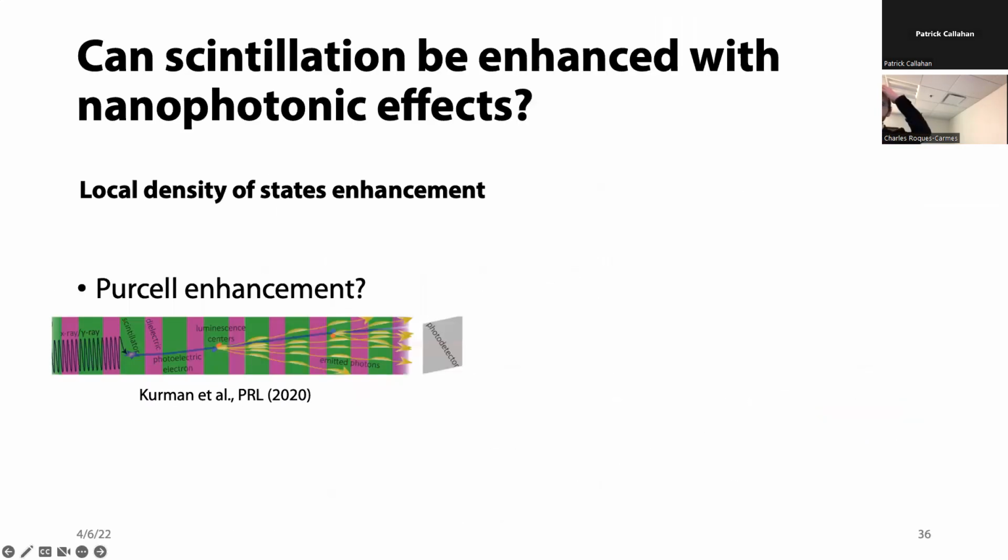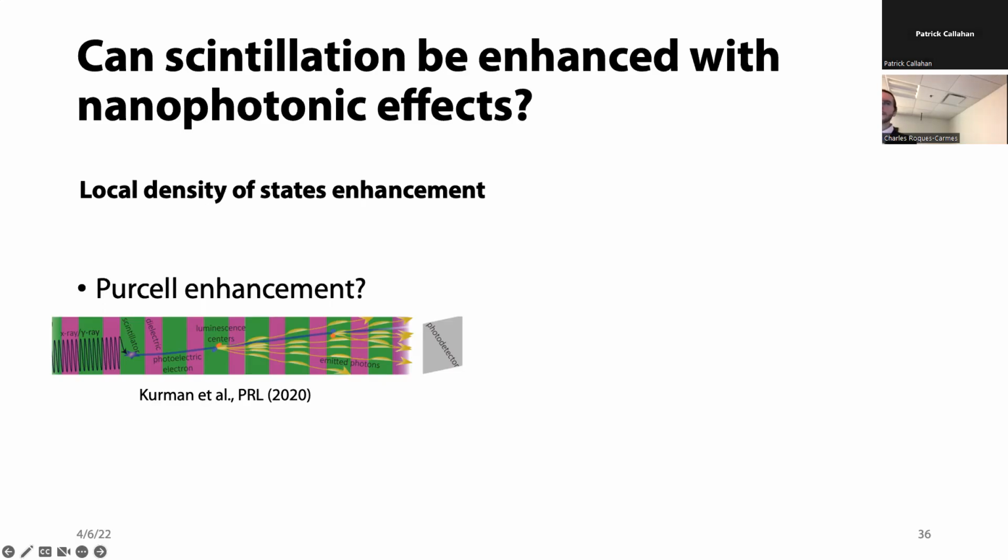So when we started this project, we wanted to make a survey of available effects in photonics that could be used to enhance scintillation. The first one that came naturally to mind, and that was actually first proposed by the group of Ido Kaminer at the Technion, is to use Purcell enhancement. But in this very interesting configuration where you have a 1D photonic crystal along the direction of the electron beam for the X-ray propagation, so that you still get a fairly thick structure that can absorb X-rays efficiently.